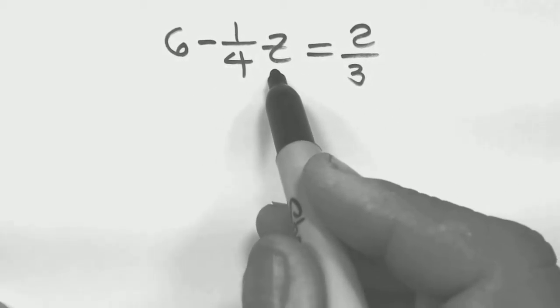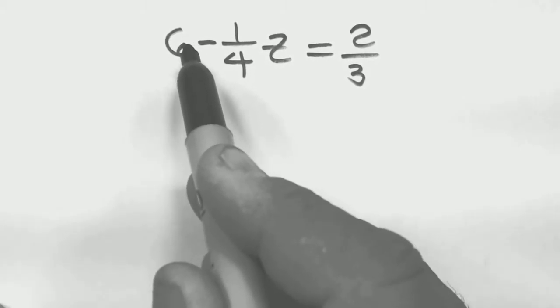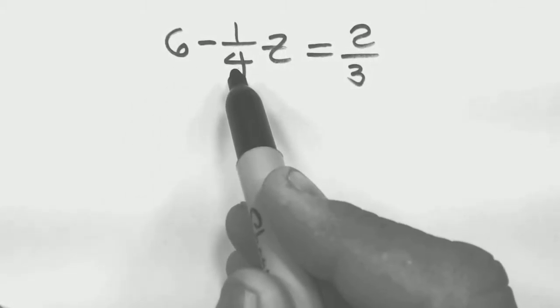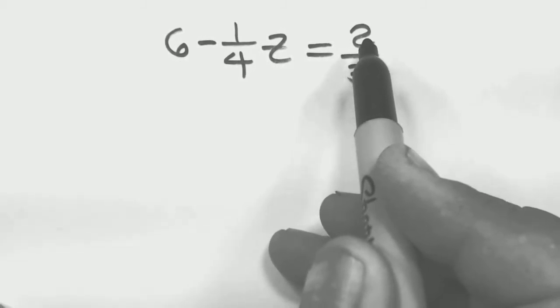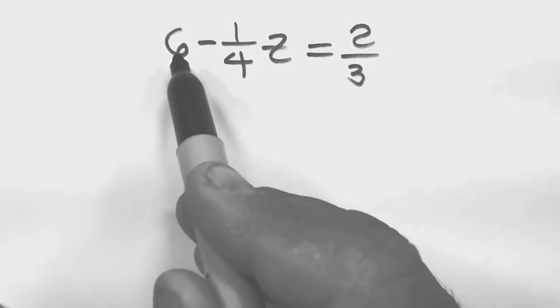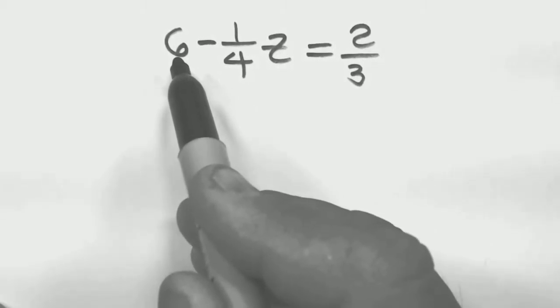Now, here's the first thing that's a good idea. There's one term here that doesn't have a fraction in it. One of the things that folks often forget is when they multiply through by the LCD, they will often say, well, this guy doesn't have a fraction, so I don't have to multiply him. Well, that's completely wrong.